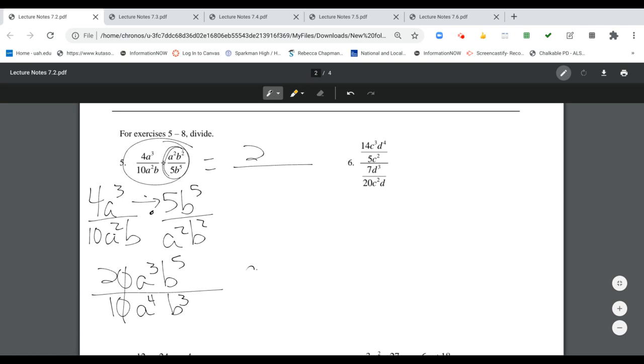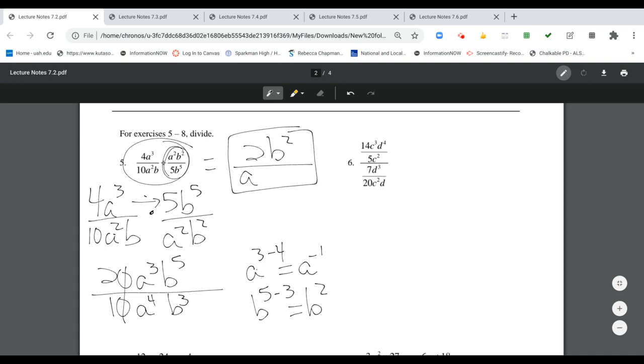When I subtract my exponents, 3 minus 4, that gives me a to the negative 1, so that drops to the bottom. When I subtract my exponents, 5 minus 3, that gives me b squared, so it stays in the numerator. So my answer to this problem number 5 is 2b squared over a.